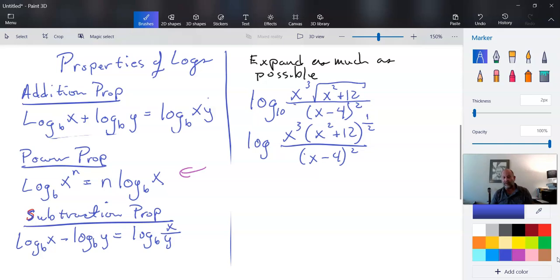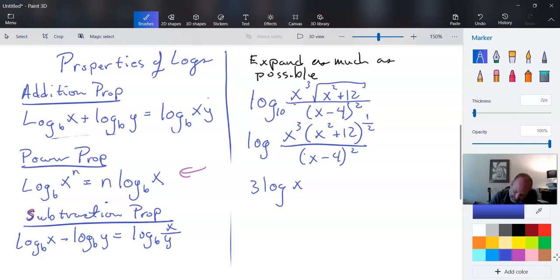Okay, so now that we have it rewritten, let's go ahead and tear it apart. So in my numerator, I know I'm going to have 3 times log x, right? That's from the x cubed. The next term, now if this was x squared times 12, we'd have a couple of terms here, right? But we have no way of breaking up an addition inside of a logarithm.